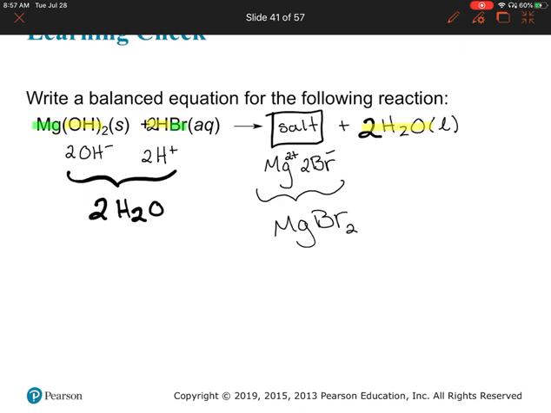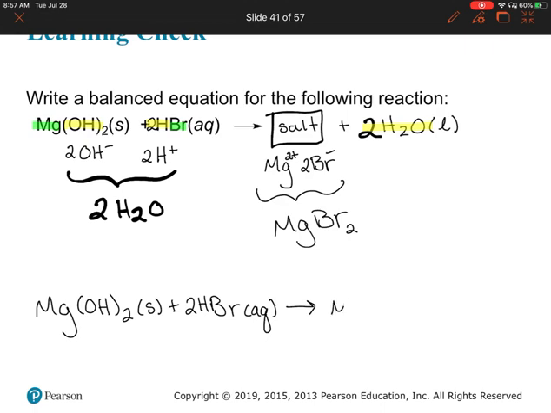Okay, so our full equation looks like this. So we have 1 magnesium hydroxide compound reacting with 2 hydrobromic acid molecules to give us 1 magnesium bromide compound, which will be aqueous.